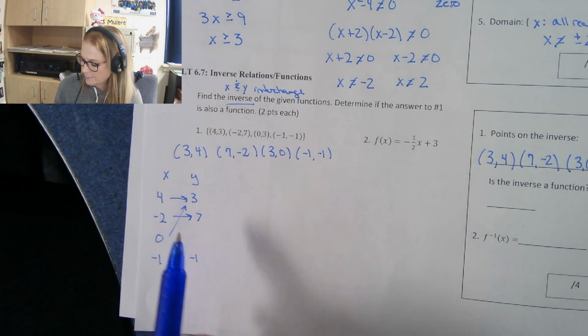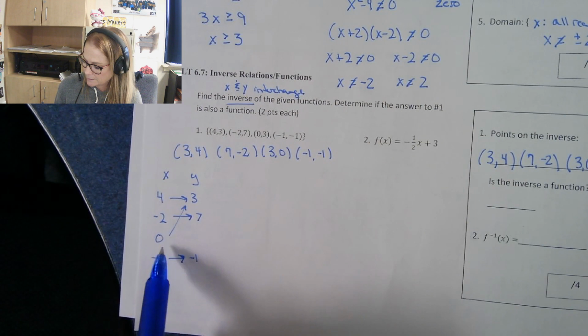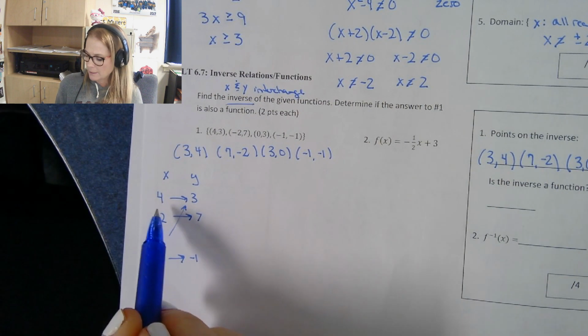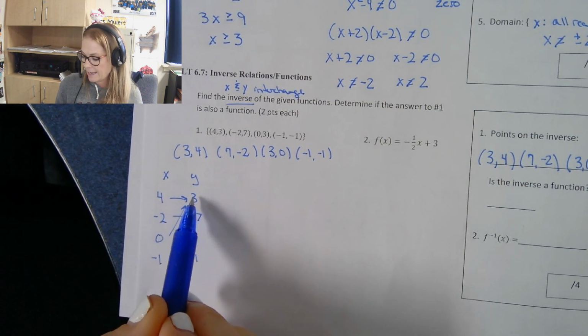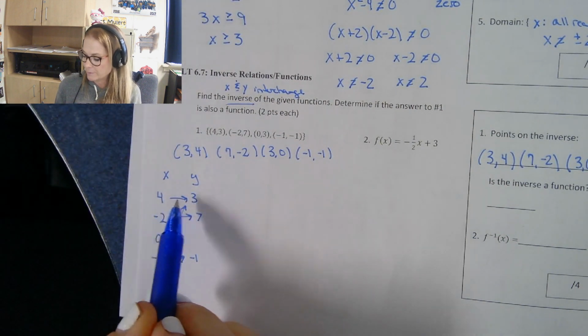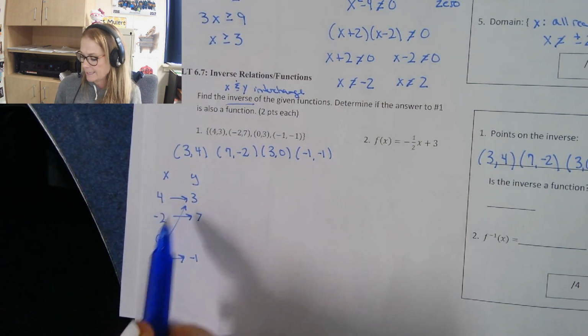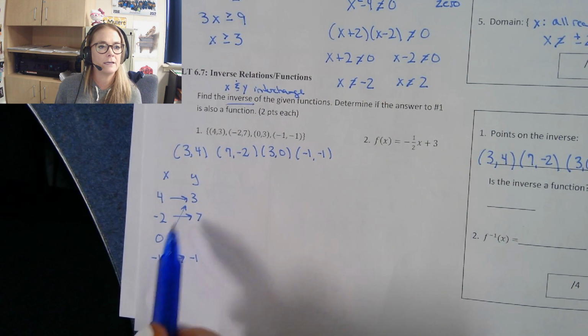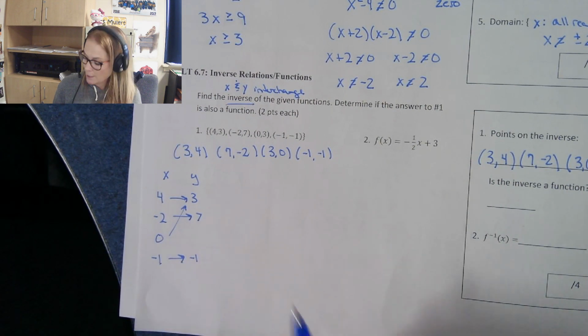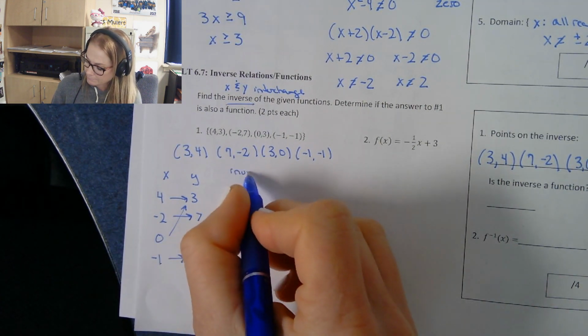As we talked about in class, you have a little bit of overlap here, but this would just be like saying that someone with a 94 gets an A and a 90 gets an A. That's okay. You can have two different x values that go to the same y. That's okay. But let's look at the inverse.